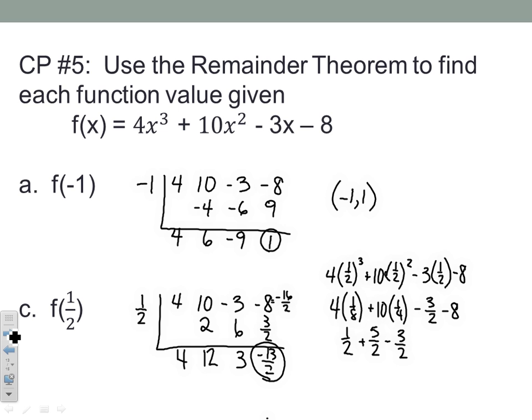And then since everything is in halves, I'm going to go ahead and rewrite the negative 8 as 16/2. And if you combine all of that together, you do in fact get negative 13/2. So another point that would end up on this graph is that one.